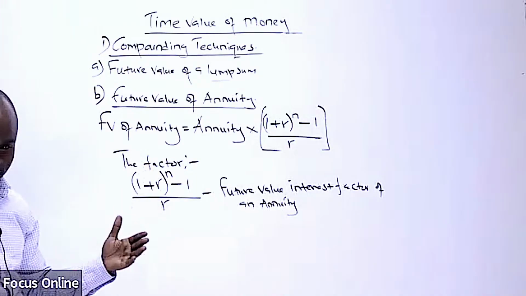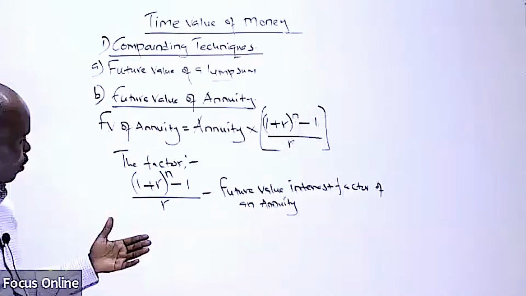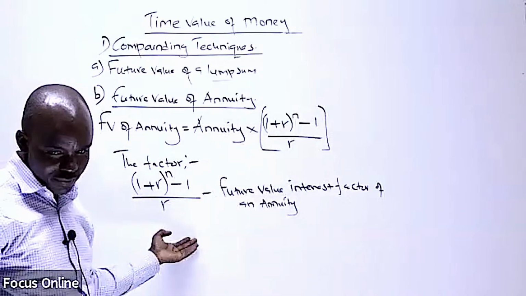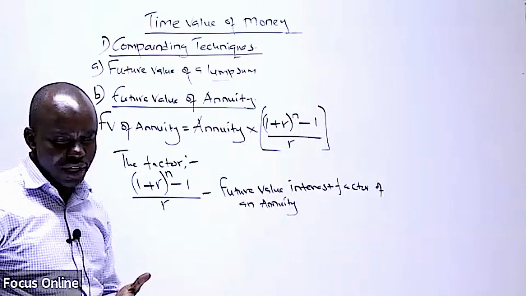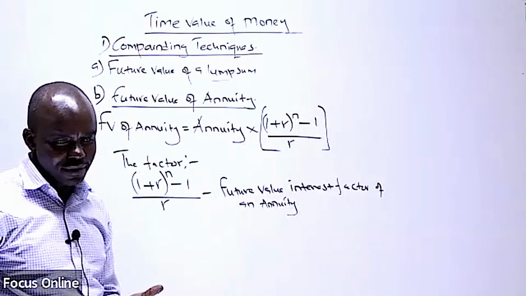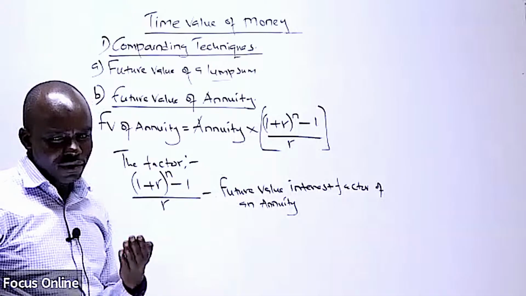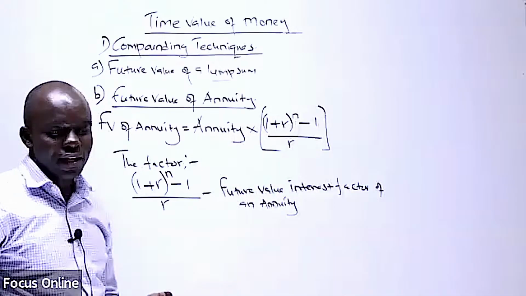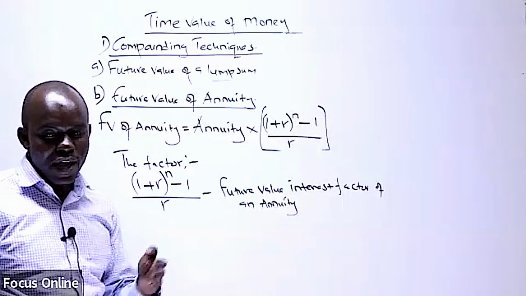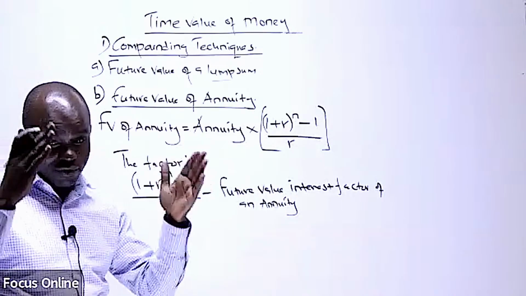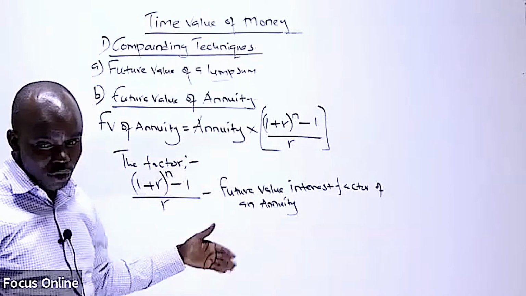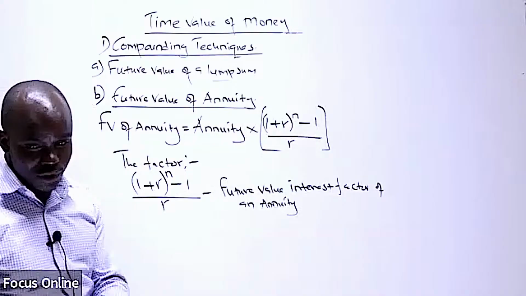Now, we have tables where these factors can be read from, like the math table, or what we call the normal curve, normal distribution curve. When we go to discounting, I'm going to share the tables so that we can see.